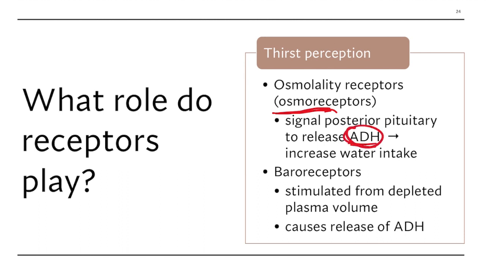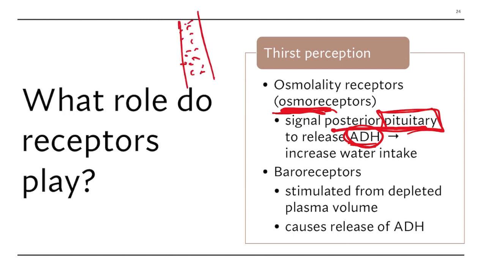ADH is located in the posterior pituitary. Really just remember pituitary. So the osmoreceptors are triggered because they sense a very high osmolality.